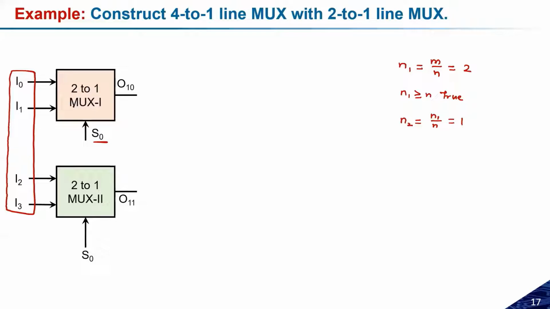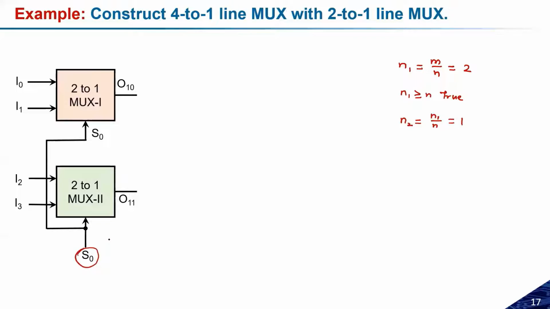Okay. So can anyone tell me how I can connect it? See here, if I'm connecting these two inputs to the same signal, and if I'm considering this one as the control signal, then what will happen? If this S0 is equal to 0, then this is also 0 and this becomes also 0.